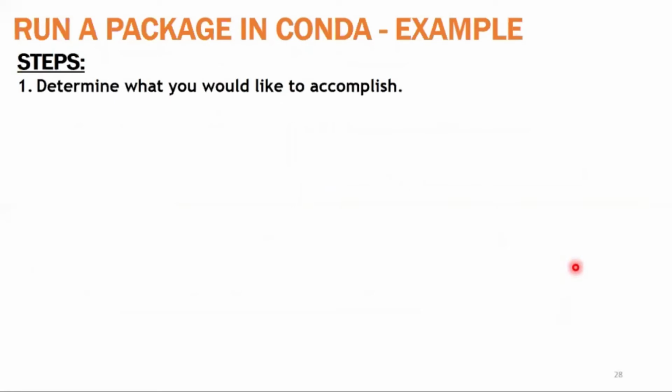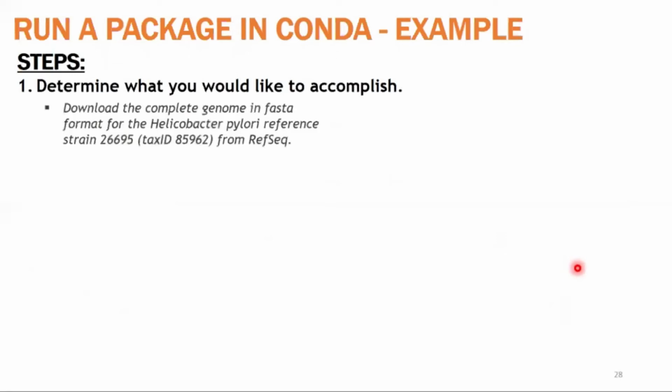And of course, this is going to be based on what package you've chosen to install. For example, I previously chose to install the NCBI genome download package because I want to download the complete genome in FASTA format for Helicobacter pylori reference strain 26695 from NCBI's reference sequence archive, or more commonly referred to as RefSeq.